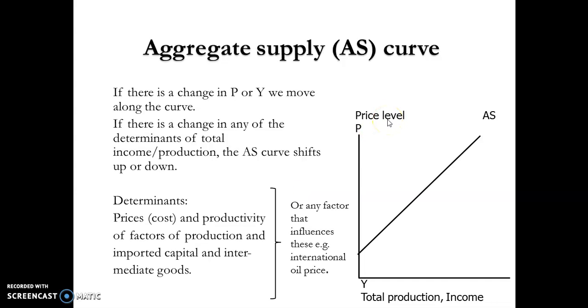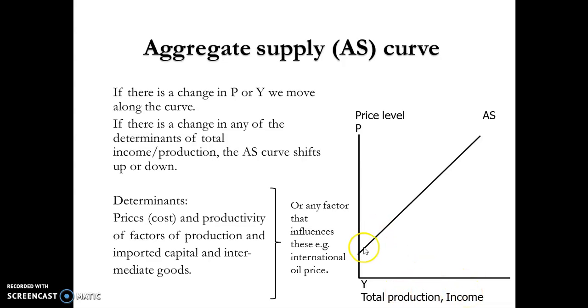Now let's look at aggregate supply. Your aggregate supply curve is upward sloping, and we see the relationship between the price level and total production. We still plot our price level on the vertical axis, and we label it P, and our total production is labeled Y on the horizontal axis.